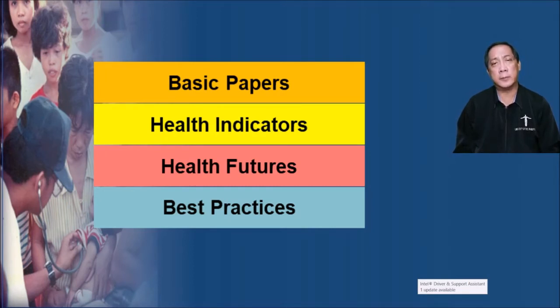So for the course that you will design, or you will propose for this training as your final paper, you need to develop your rationale based on, for example, the basic papers. Basic papers would include your institutional vision, mission, goals, or basic papers about professions.